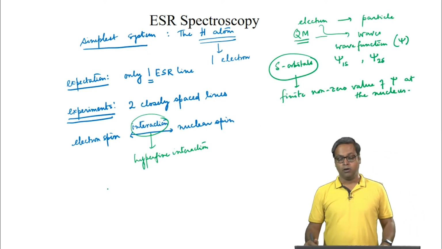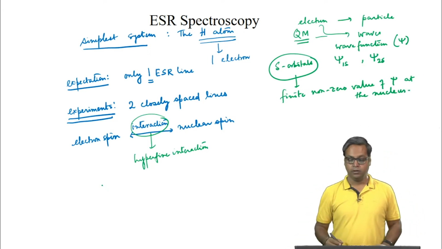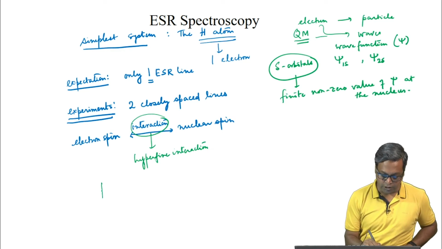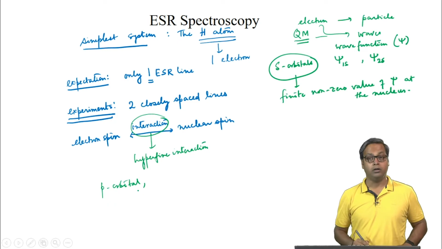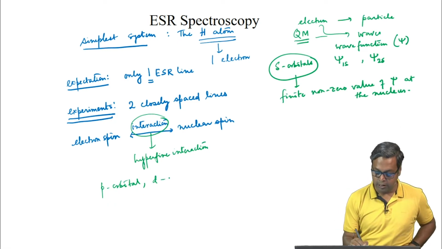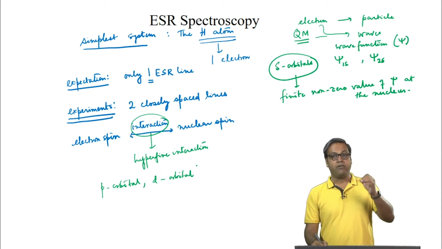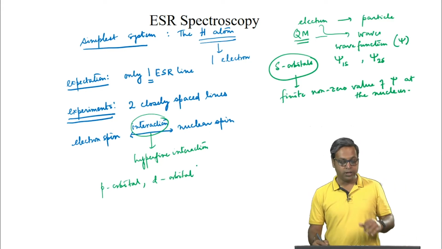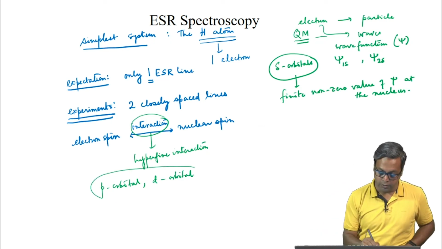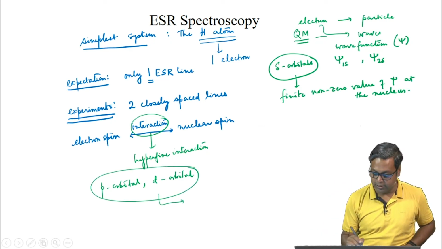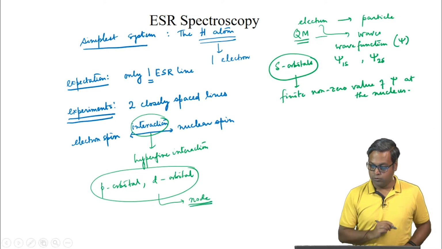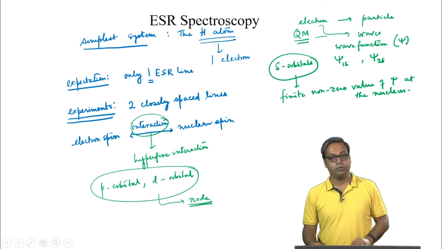However, for other orbitals, for example the p orbital or the d orbital, these orbitals have a value of 0 at the nucleus, because they have a node there.